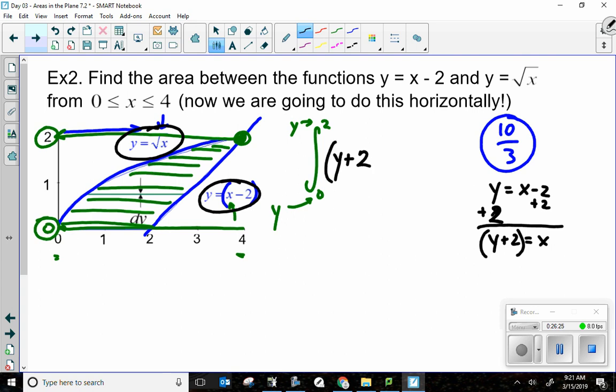Now I've got to subtract my smaller function, right? So let's convert my smaller function. y equals square root of x. How do I get this in terms of y? How do I make it x equals? Well, I'll just square both sides. So x equals y squared. That's my lower function, okay?